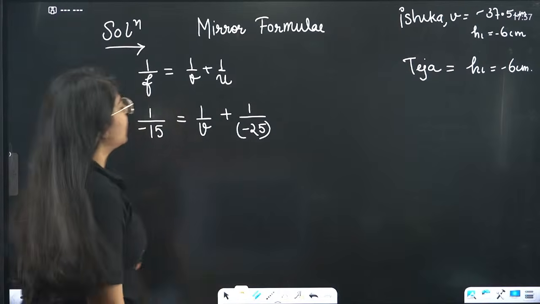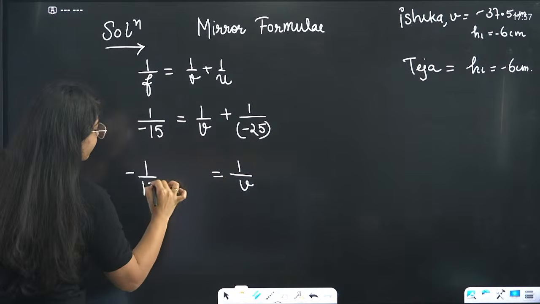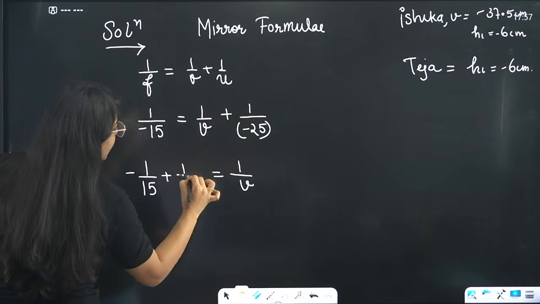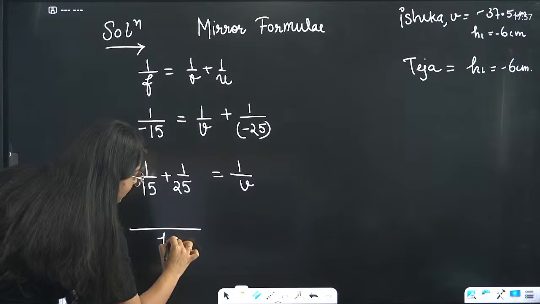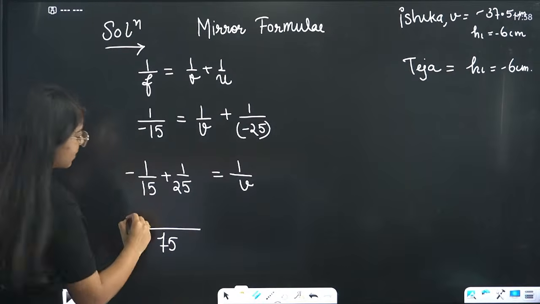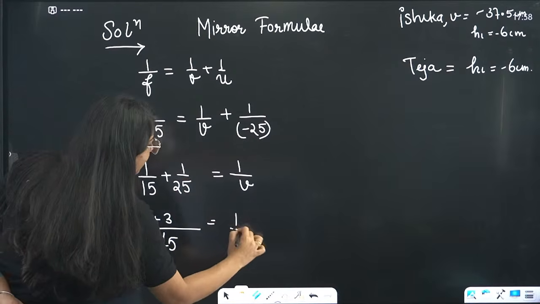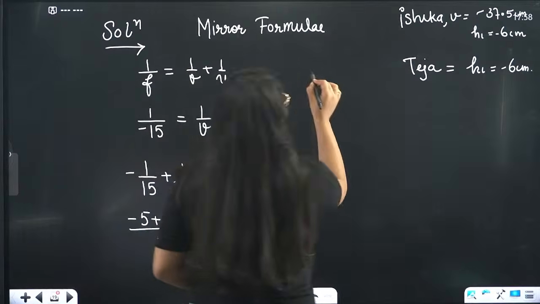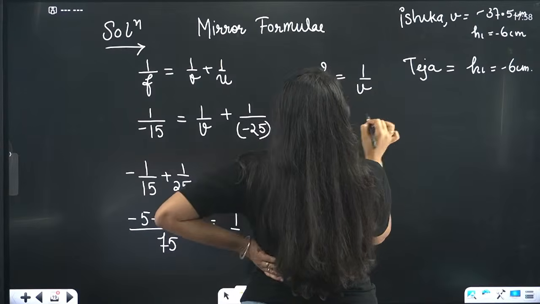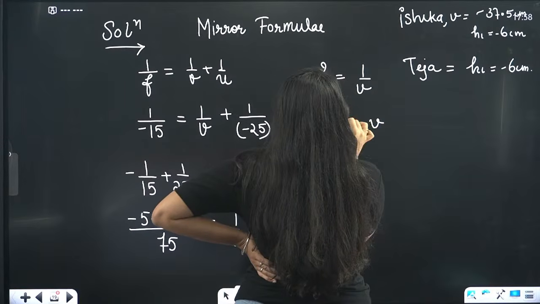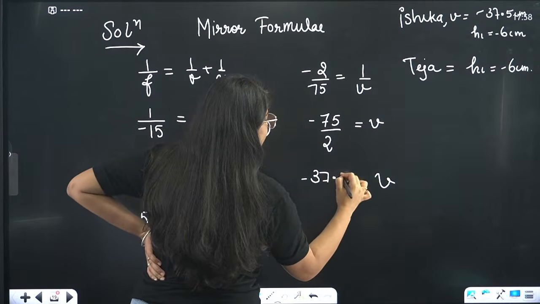Okay. Now, let's do the calculation quickly. -1 by 15. This is minus. It comes here, it becomes plus. So if you take the LCM, what will be the LCM? Simply 75. 15 5s are 75, minus 5. 25 3s are 75, plus 3. 1 by V. Now this becomes -2 divided by 75, that is 1 by V, and V becomes -75 divided by 2, where V answer is -37.5.